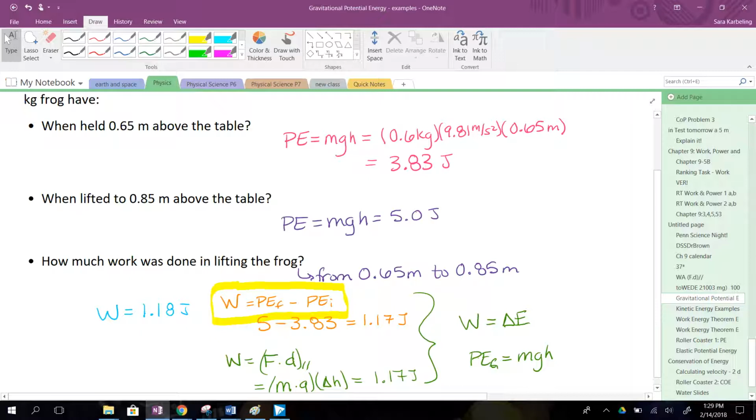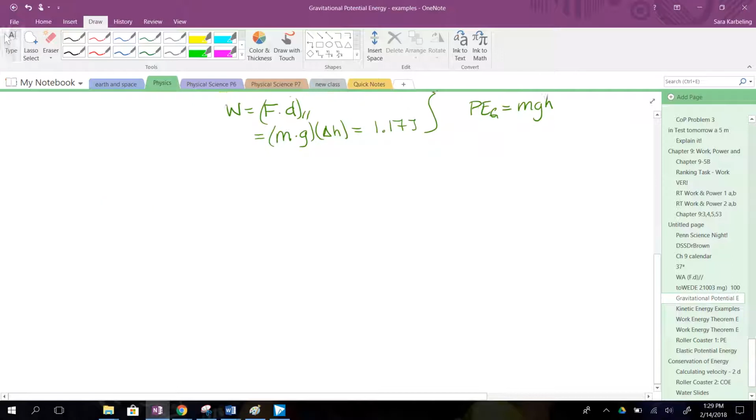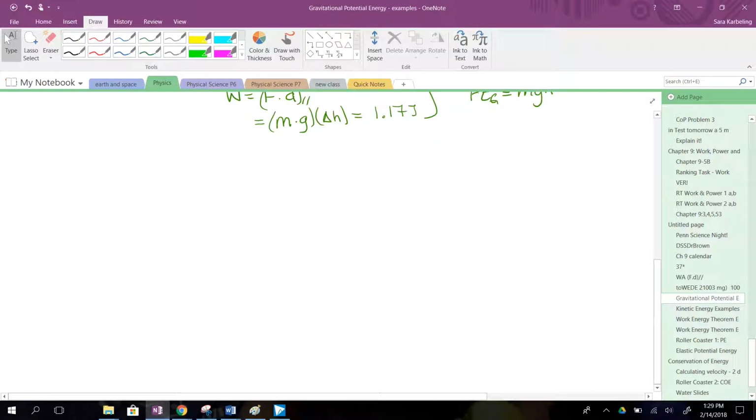So how much energy does he have now? Yeah, 9.4. So here's my table. There's my frog. This was 0.65.